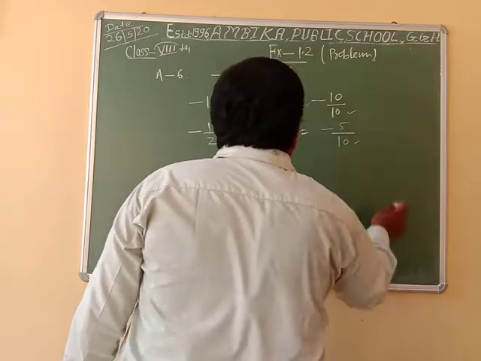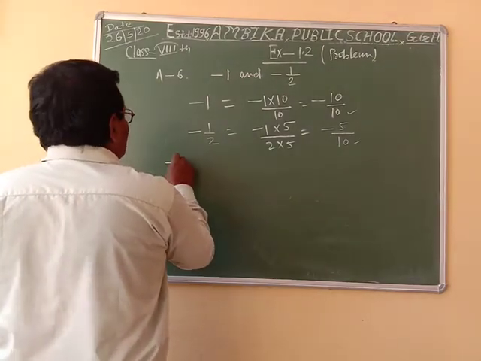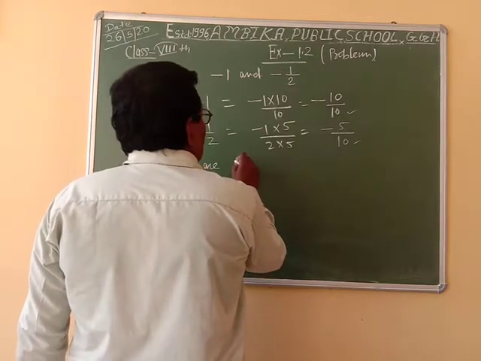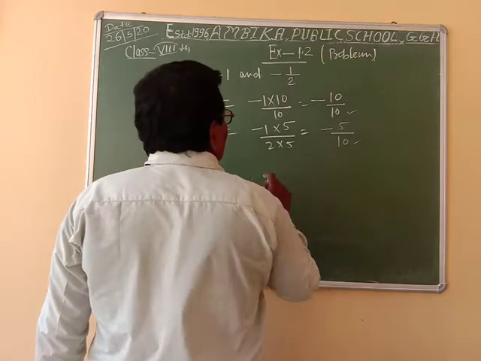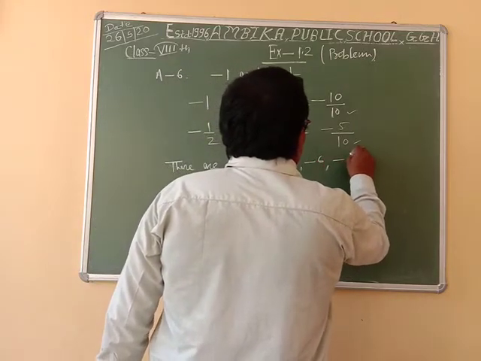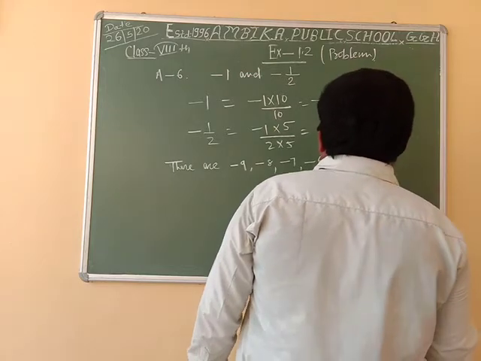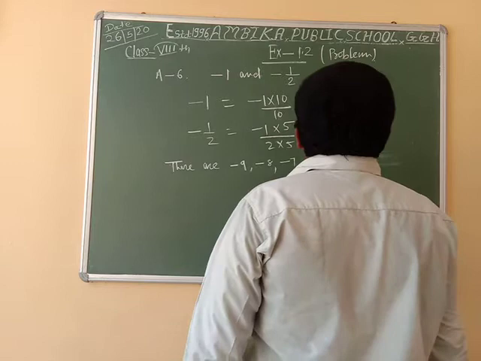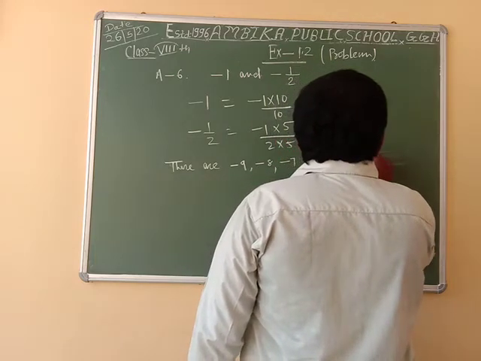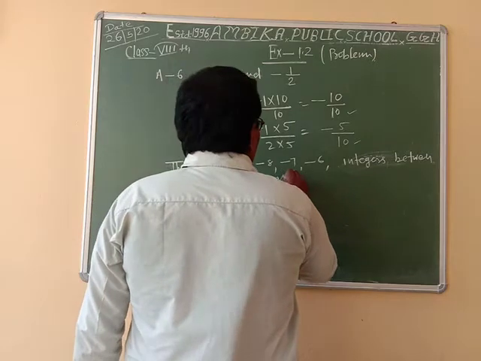Here denominators are the same, so there are integers between minus 10 and minus 5.